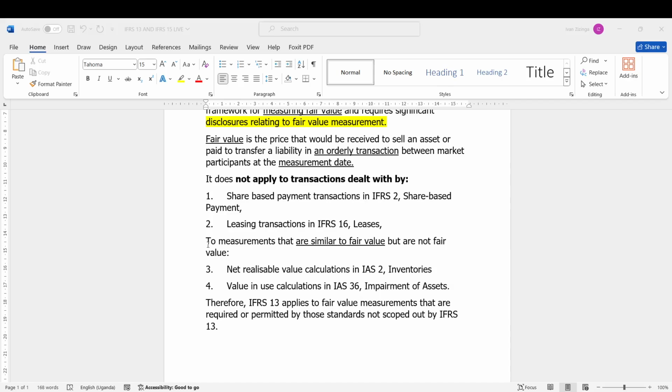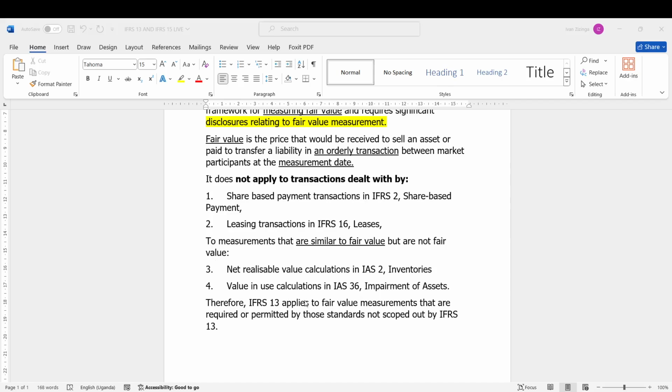That's why we always take the fair value or the price that the market participants would be willing to offer, not what the entity would wish to give or what the entity would wish to receive.